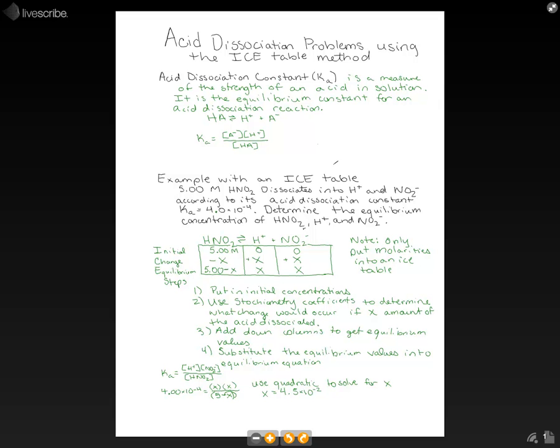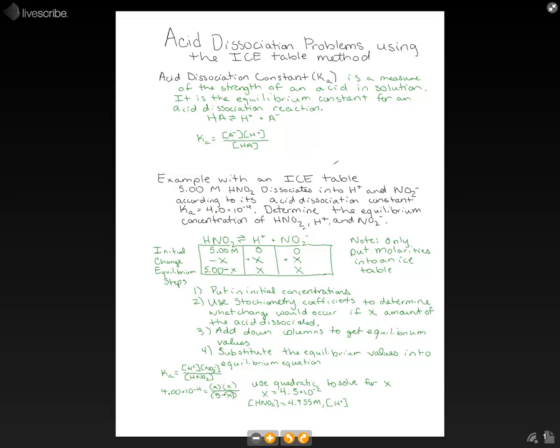So now that we know what X is, we can go back to the values we have from our table. The concentration of HNO2 is just 5 minus X, which equals 4.955 molar.